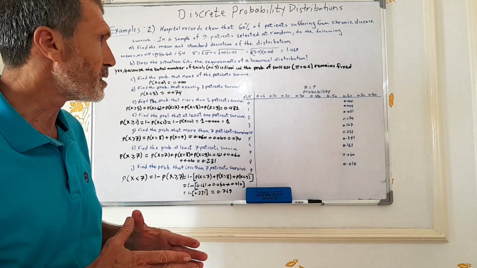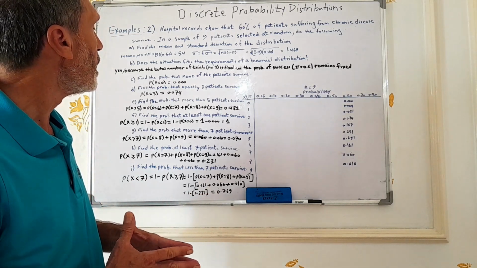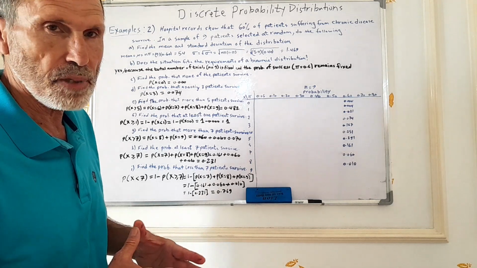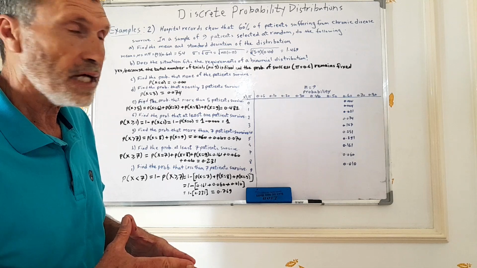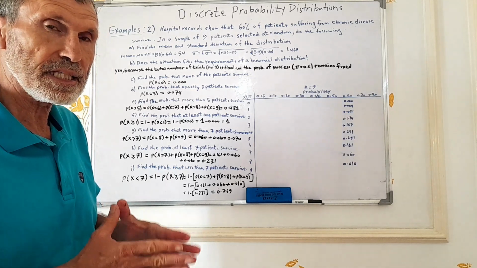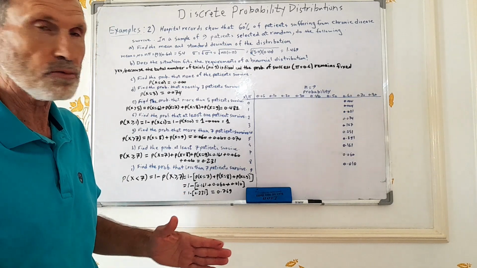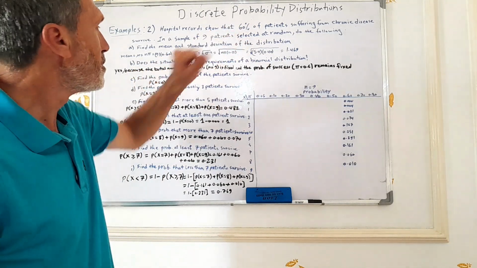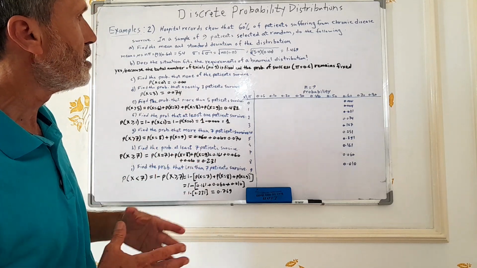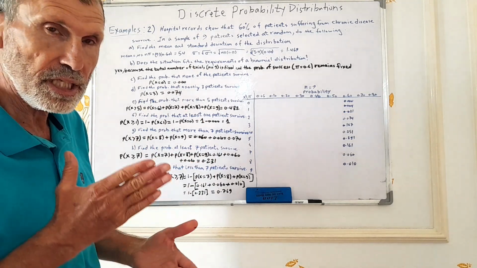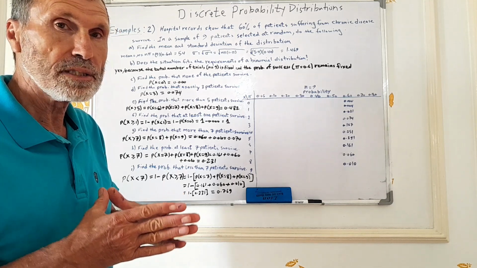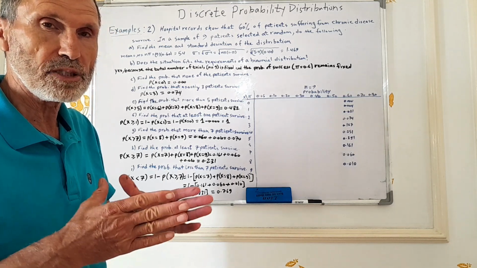Therefore, we have a fixed number of trials, and the probability of success is fixed in all trials, which is 0.60. Therefore, yes, indeed, we have a binomial distribution because it satisfies all the requirements of a binomial distribution.